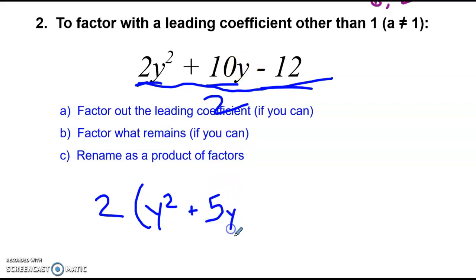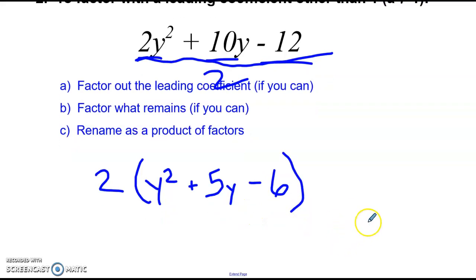We haven't canceled out any y's. And then finally, we just have negative 12 divided by 2, which is negative 6. So already we've factored this somewhat. We've renamed this trinomial as a product of positive 2 and this trinomial here, y squared plus 5y minus 6.